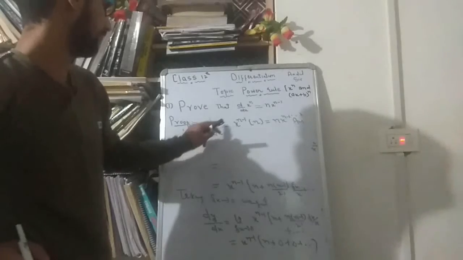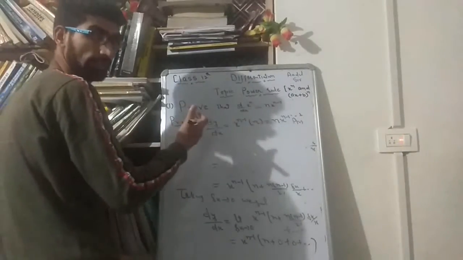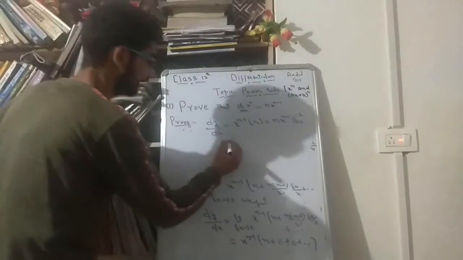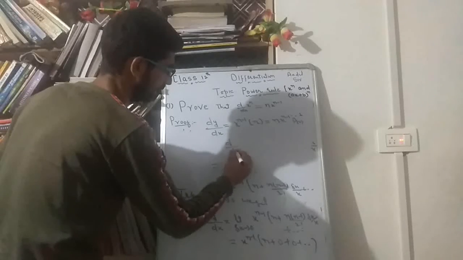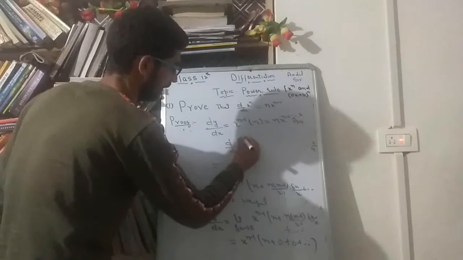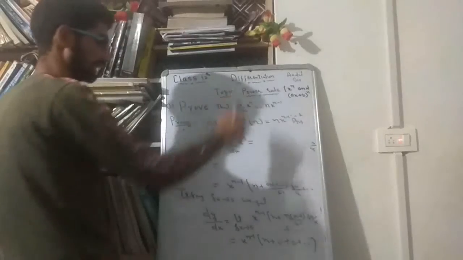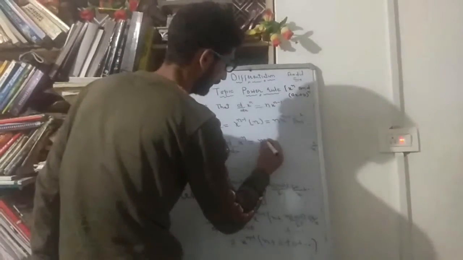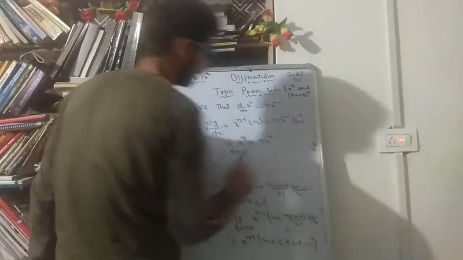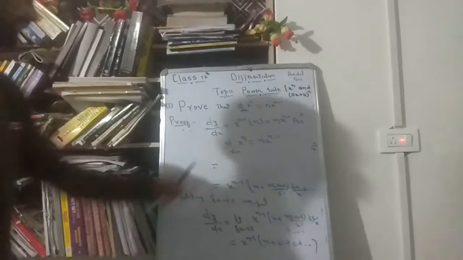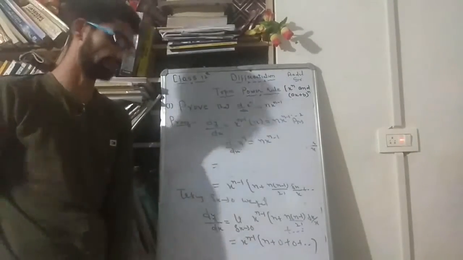This is our solution, because we know that y we have taken as x raised to n. So d by dx of this y, that is x^n, by the first step we have taken y as x^n, equals n x^(n-1). Hence proved, this was our result. So we got the derivative of x^n equal to n x^(n-1).